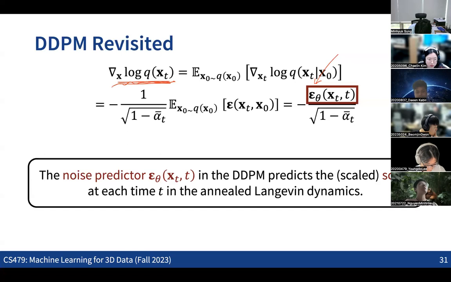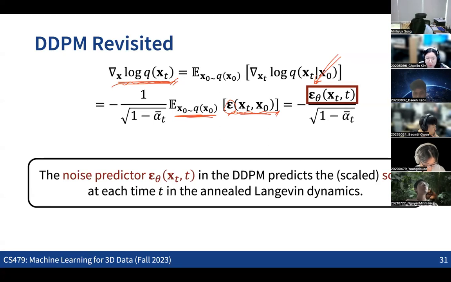So what we are getting with the noise predictor is the expected value of epsilon_t coming from the pairs of x_t and x_0. If we get this expected value, it becomes a scaled version of the score information that can be used in the Langevin dynamics.